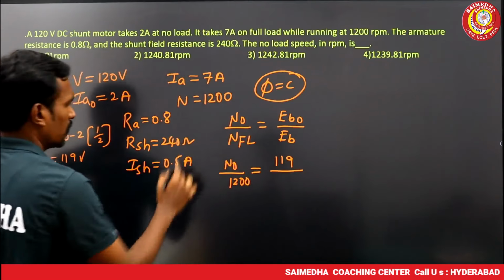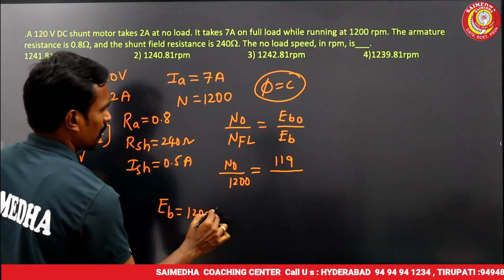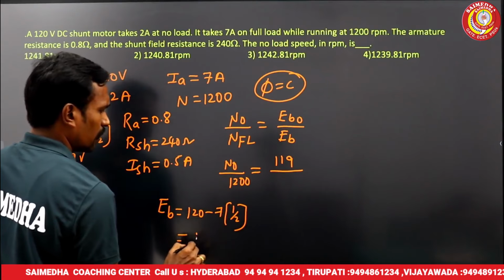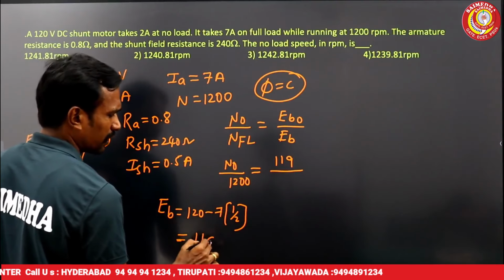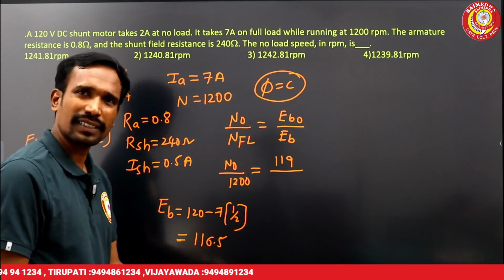What is EB? EB is V minus IA into RA, which is 116.5.